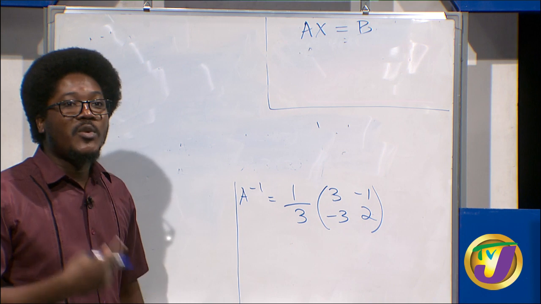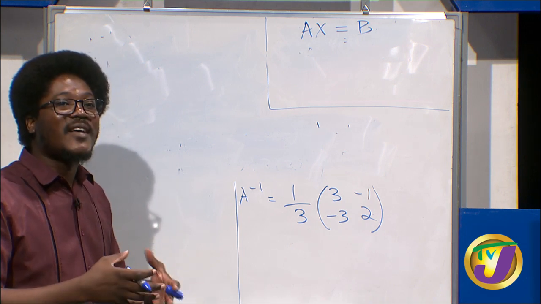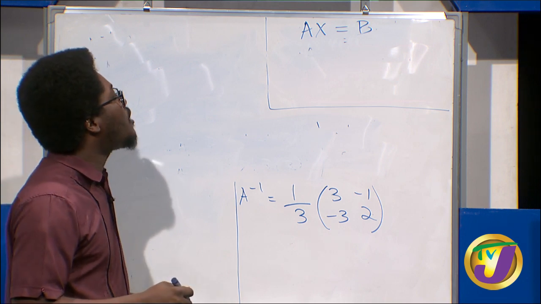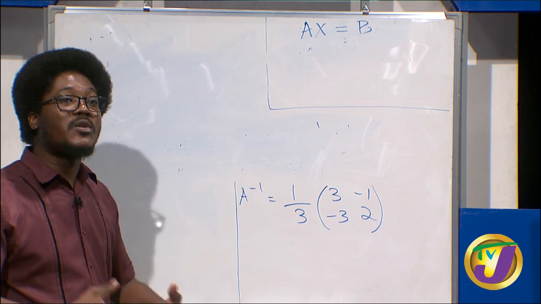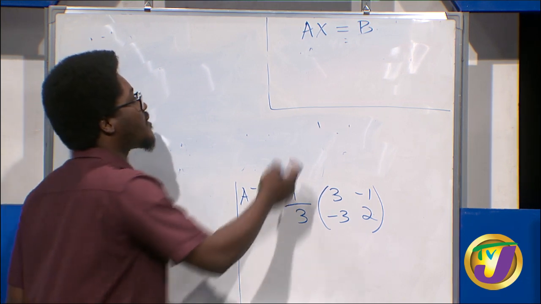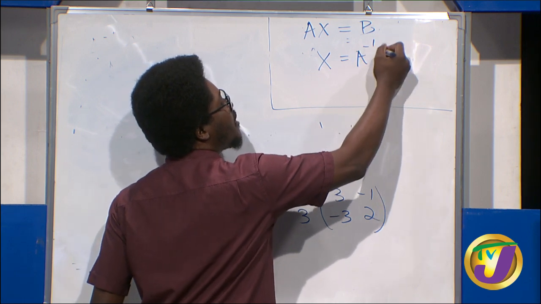The second thing that we know is that we use the inverse to create the same effect as dividing. We also established that in making x the subject of the formula, we multiply both sides by A inverse to arrive at x = A inverse B.